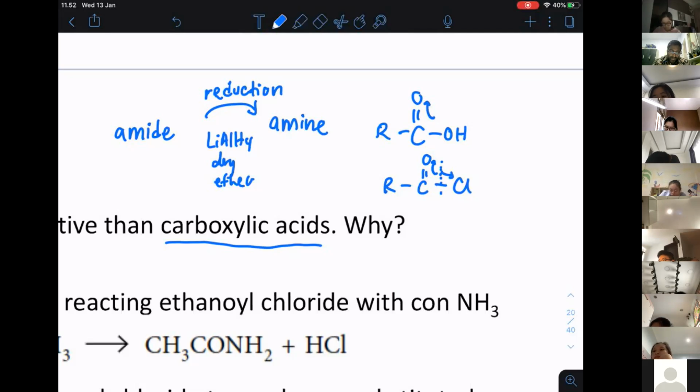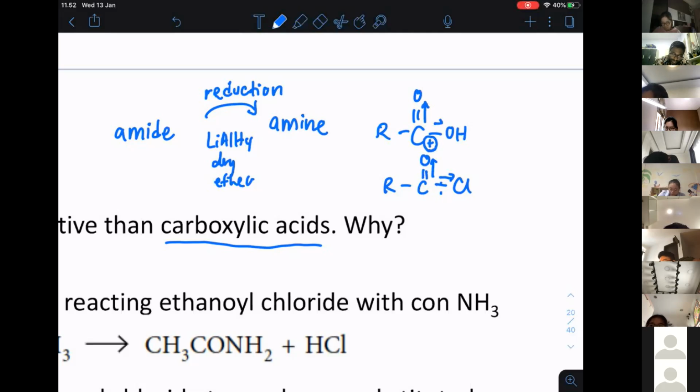Or to be exact, what happens over here, I think it's better if we try to recall the reaction. Of course we know that oxygen will withdraw the electron over here. Electron will be withdrawn, but do remember they are going to create a positive charge at that carbon.